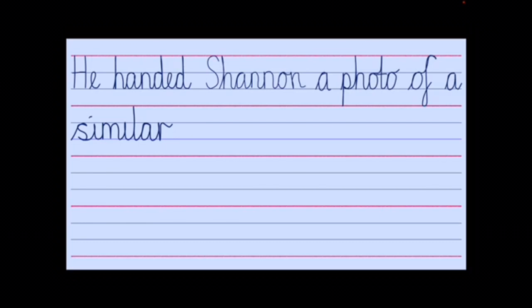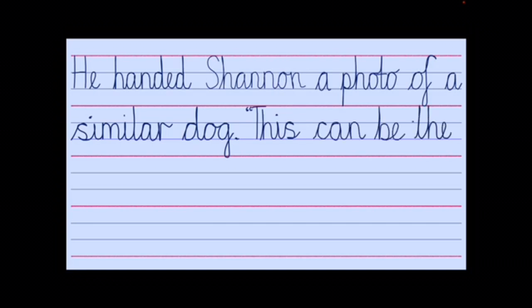Similar dog. And then he says, this can be the token. Speech marks. This can be the token. Token. K, written with a K because it's followed by an E.